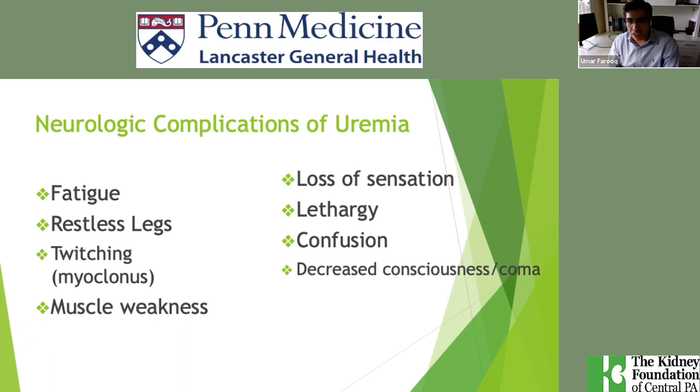So we talk about the confusion. We talk about the decreased consciousness, and coma can happen as well. Imagine that it affects most of the neurological system. It makes the nerve conduction slow, slow in some areas, fast in other areas.